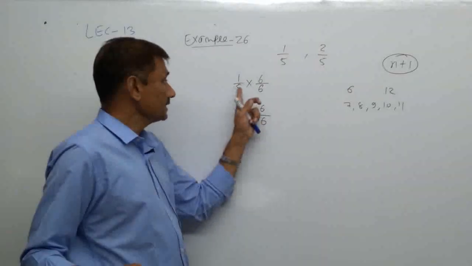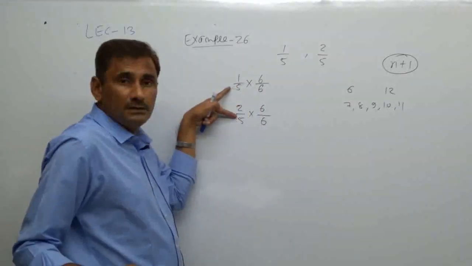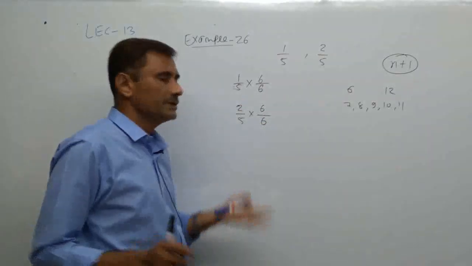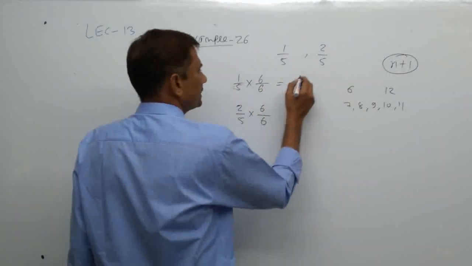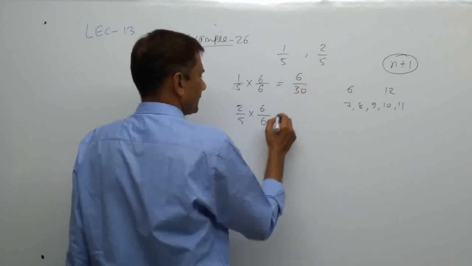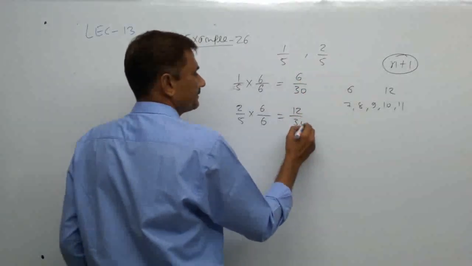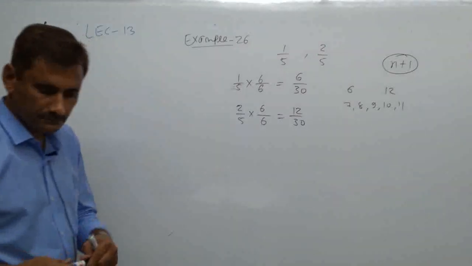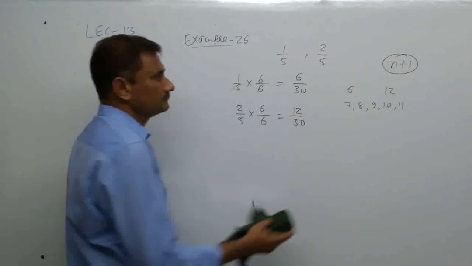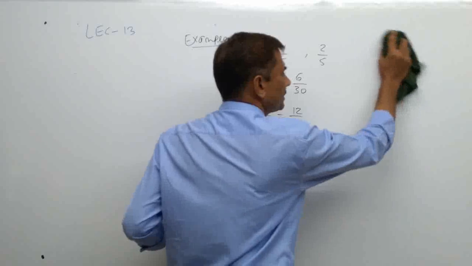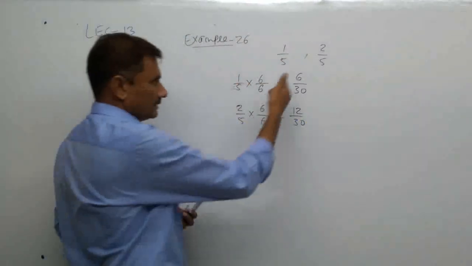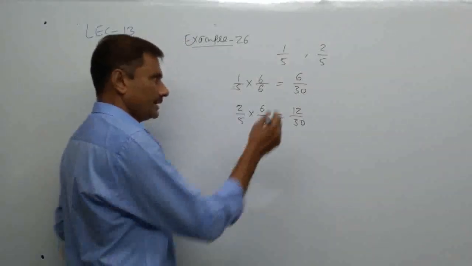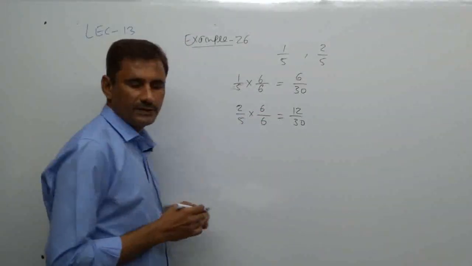Okay, here also 6, here also 6, because they are already equal. If already equal, then we have to multiply by the same number again. So now it is 6 by 30 and this is 12 by 30. So in rough you just calculate somewhat. Now I can write here the required numbers.